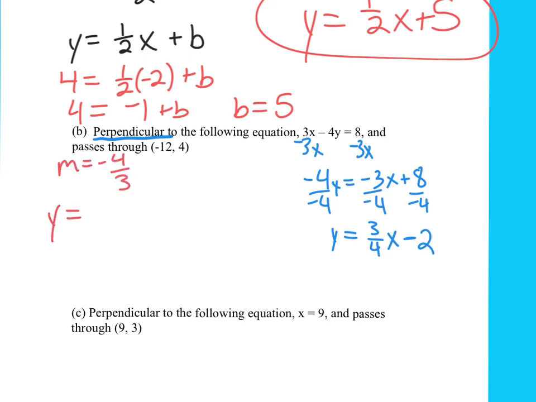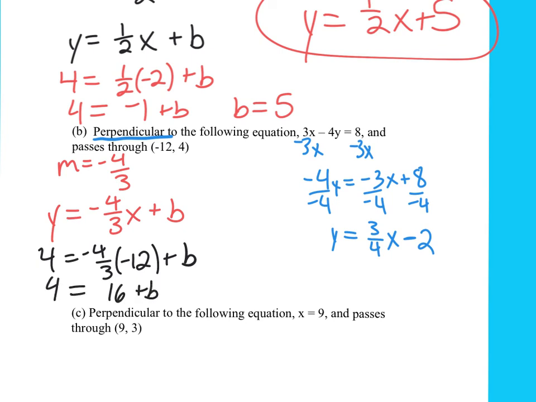So y equals -4/3 x plus b. Good. Now, Nathan, what were you saying? 4 equals -4/3 times -12 plus b. Perfect. Put -4/3 times -12 in the calculator. What is it? 16.